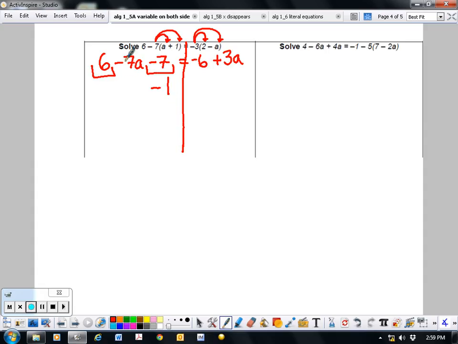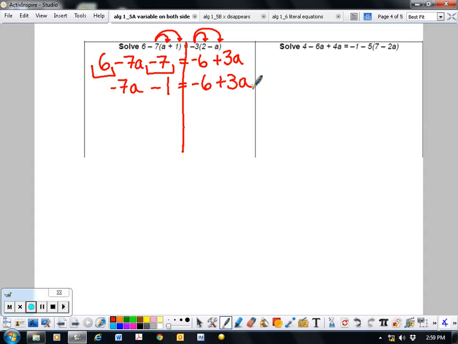Now I still have this minus 7a, so I'm going to bring that down. And now I'm looking at my a's and I'm thinking, what's my smallest number? Well, 3 is the smallest number when you're looking at just number, not signs. But the 7's negative. So I'm going to move the negative number because, again, I don't want negatives.